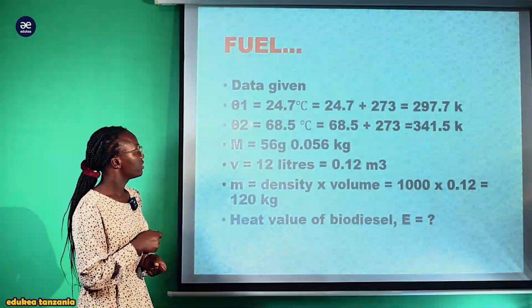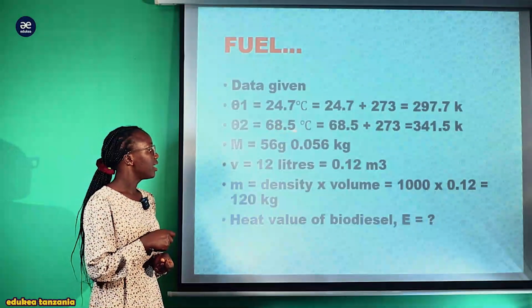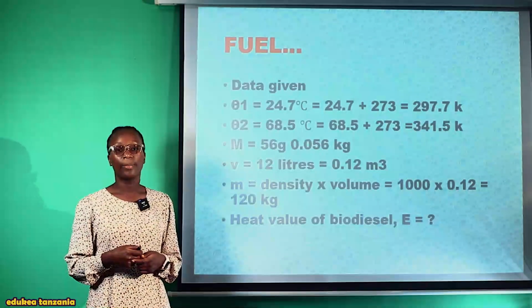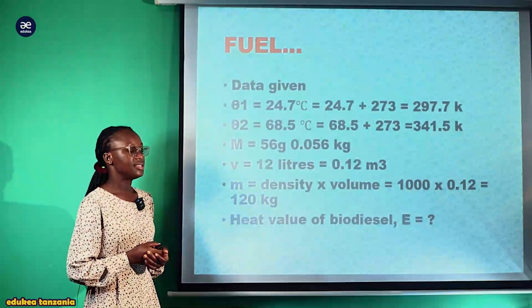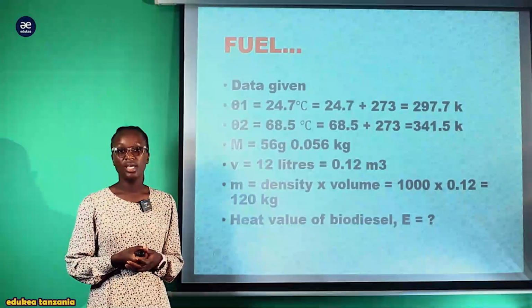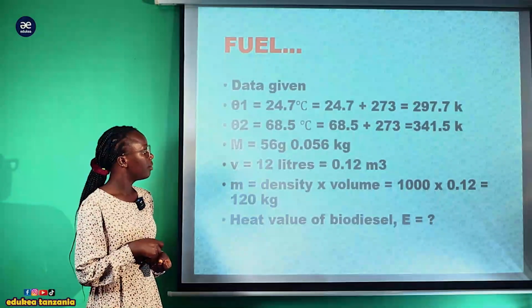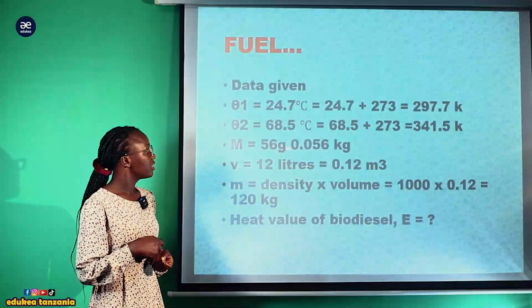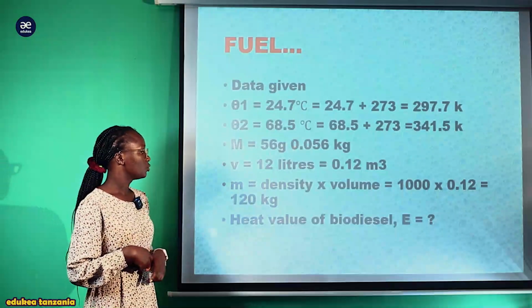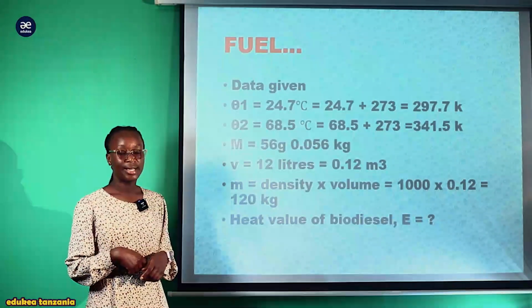So na temperature 2 you are given 68.5 degrees Celsius. Ukiplus na 273 tunakuja kupata 341.5 Kelvin. And the mass of the fuel used tulipewa katika 56 gram. So in order to convert them into kilogram, we are dividing by 1000. Tunaenda kupata 0.056 kilogram.